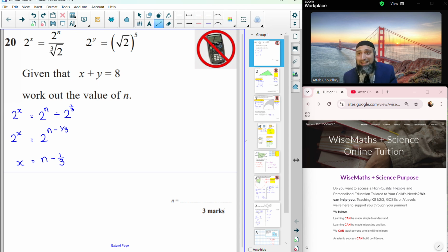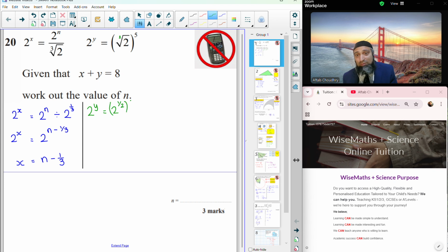Now let's have a look at the other one, the 2 to the power of y. Let me change the color of pen. 2 to the power of y is equal to, it's a square root, so it's 2 to the power of a half.